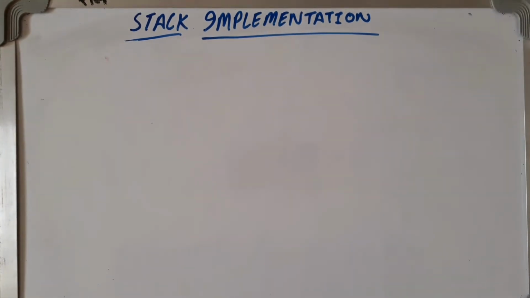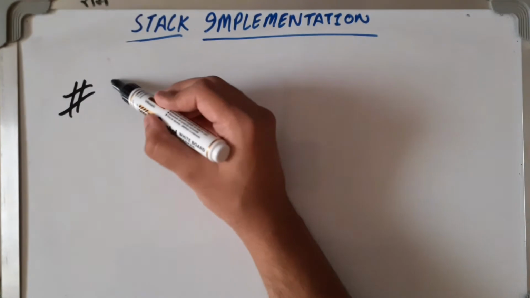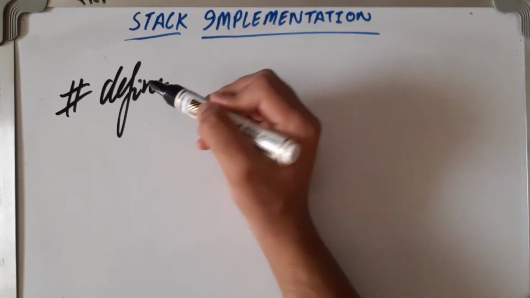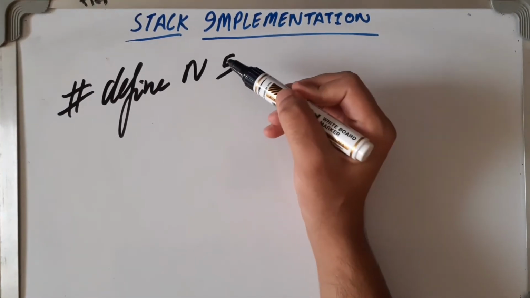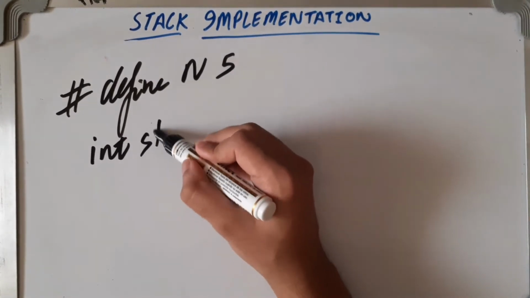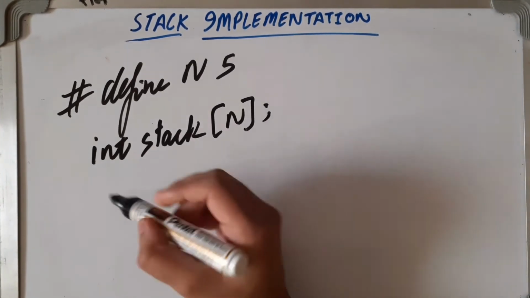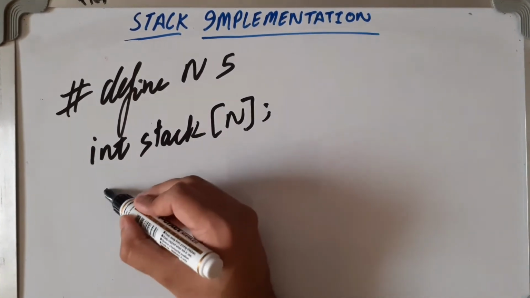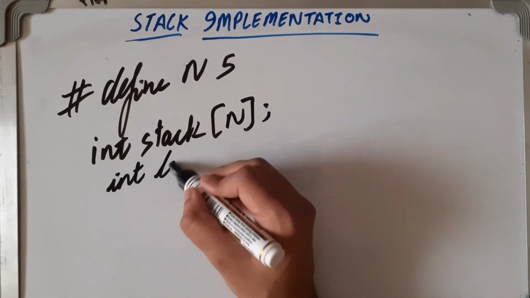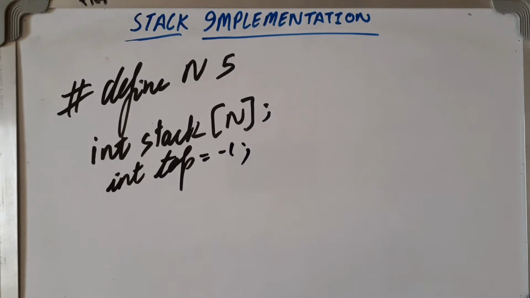Before entering into push, let us first discuss how to define a stack. Basically for a fixed size stack, you can use a macro define, as we all know, N 5. And you can define the stack as an int array, stack of N. And you can say int top equals -1, by which we check whether the stack is full or not.